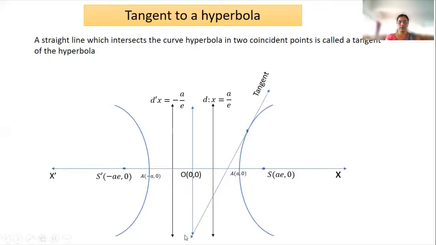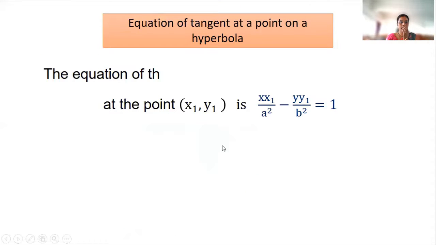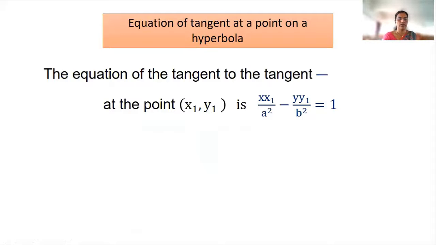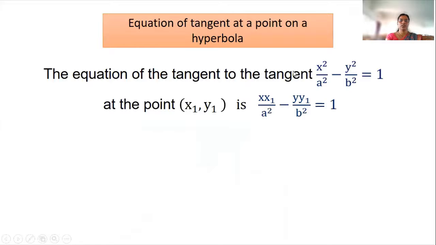Such a line intersects the hyperbola at one point. Now the equation of the tangent to the hyperbola at a point x1 y1 is x x1 divided by a square minus y y1 divided by b square is equal to 1. This is by replacing x square by x x1 and y square by y y1. Therefore, this is the equation of a tangent at a point P(x1, y1).